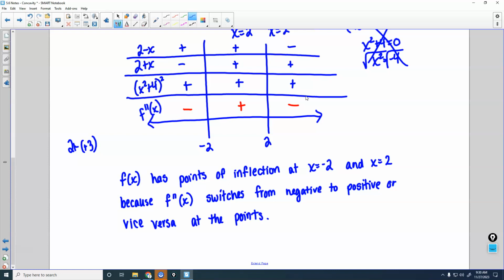What you cannot do is say because f changes from concave up to concave down or concave down to concave up, because that is just the definition of a point of inflection, right? It does not show that you have proven it from the derivatives there. So you have to answer it according to what happens to that second derivative. So you're talking about that second derivative changing signs. Okay, questions?